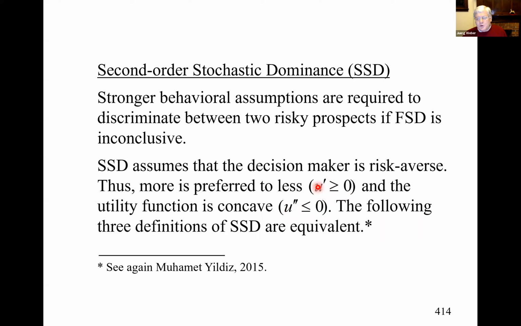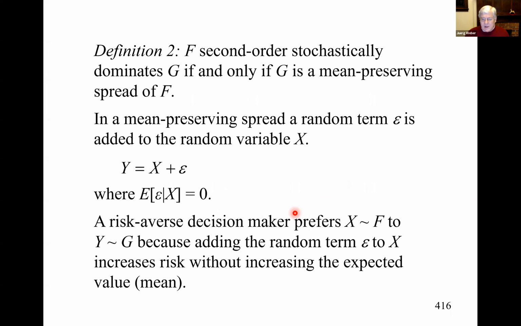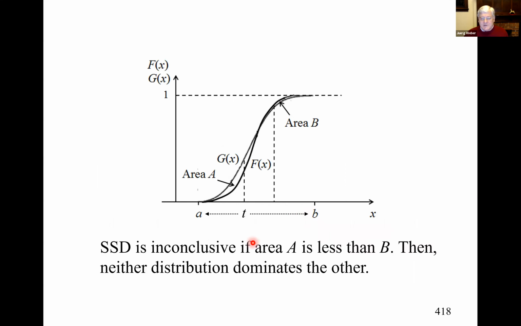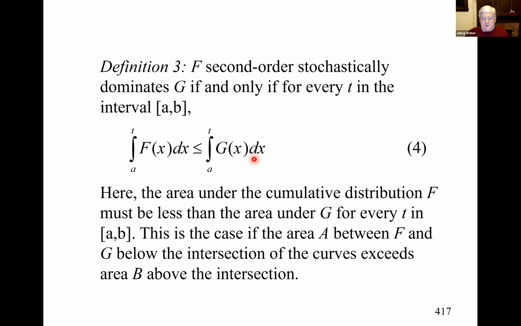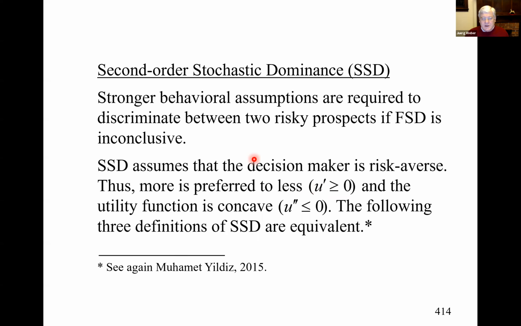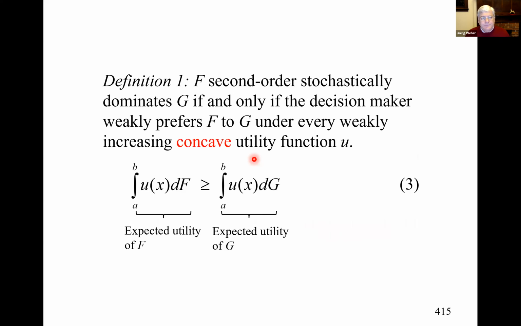People prefer more to less, and the vast majority can be assumed to be risk averse. And then we can also distinguish between risky prospects where the CDFs are intersecting. We must make stronger assumptions, we must assume risk aversion, but then we can also deal with this situation.